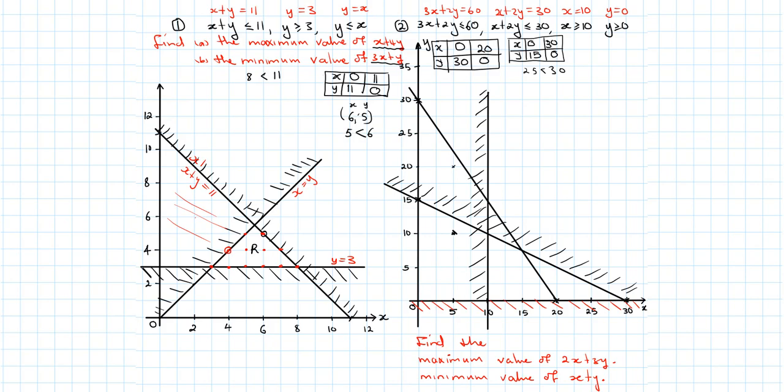How does 55 compare with 60? 55 is less, so it comes from the wanted region. So we shade the other side. Yes, we can shade like this.